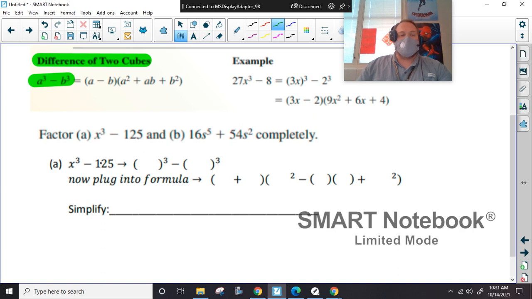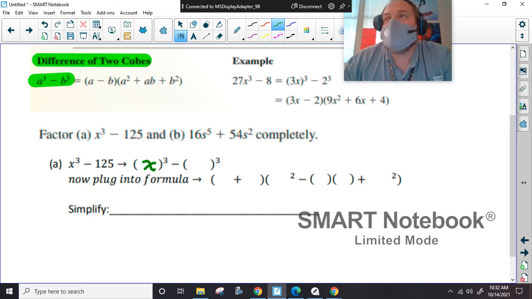So what do you cube to get x cubed? x. Wow, the whole class went... So what number, when you cube it, do you get 125? Or what is the cube root of 125? Yep, 5.